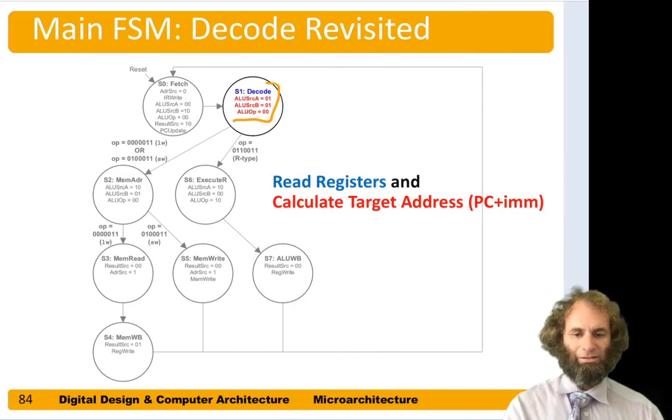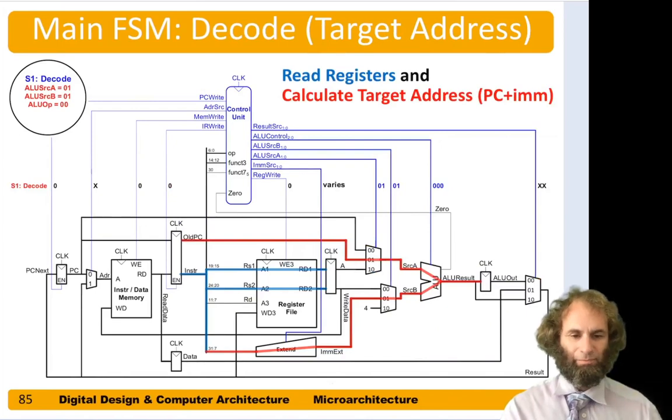So let's add some more control signals to state 1, so that while we're reading the registers, we're also calculating the target address. Here we are in the decode state. The old value of the program counter is sitting in this register. The immediate is available here, but we sign extend the immediate.